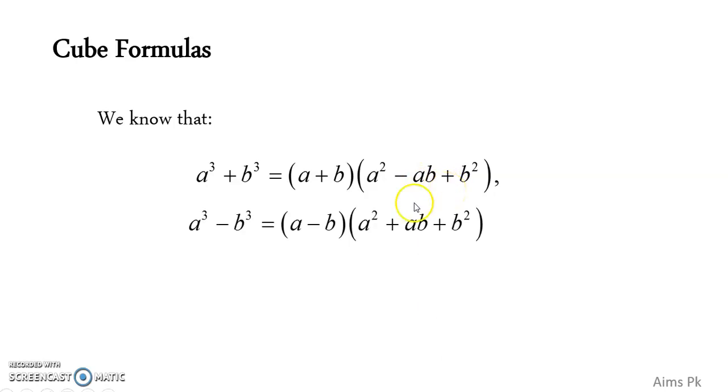And the other one, factoring a difference of cubes: a cube minus b cube is equal to a minus b into a square plus ab plus b square. You have to memorize these two formulas so that you can easily apply them in your exercise 5.5.